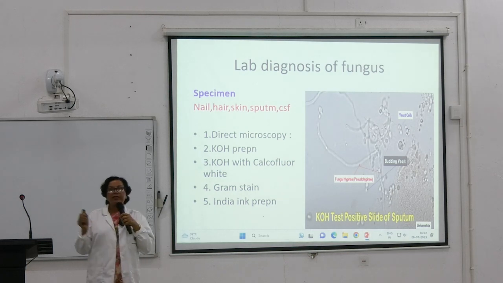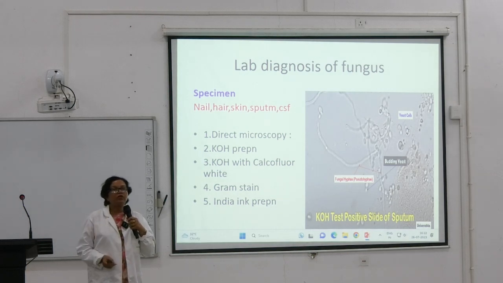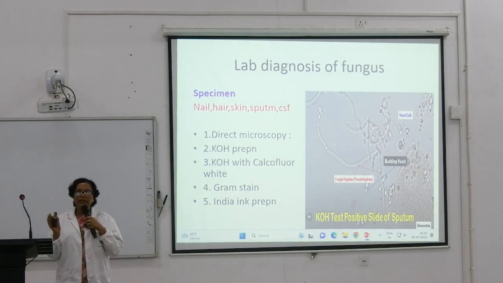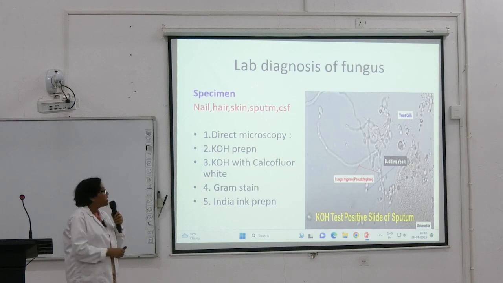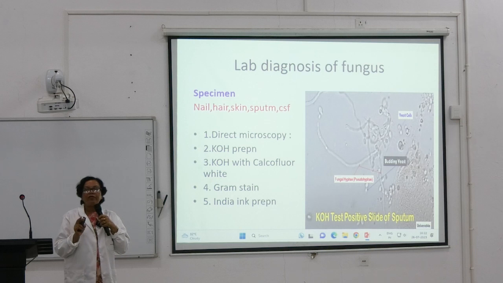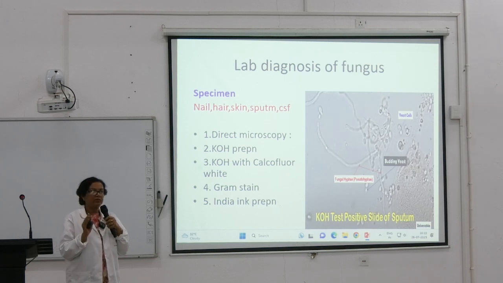Now lab diagnosis. You can write this lab diagnosis of the fungal infection. When there is any identification of fungus, these are the same steps you have to write, the same procedures you have to go through. First, for every diagnosis you have to take a specimen.